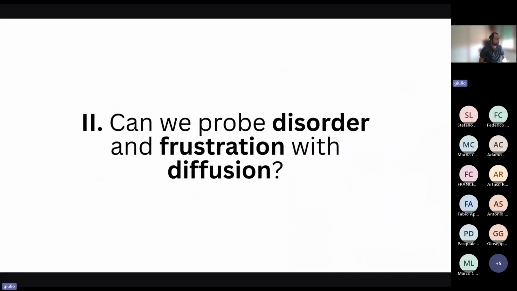And now we come to the results: how can we probe disorder and frustration? While quenched disorder, as I mentioned, has already been tackled in past years in the network realm, can we do something similar when we add this sort of frustration cycle into our system?